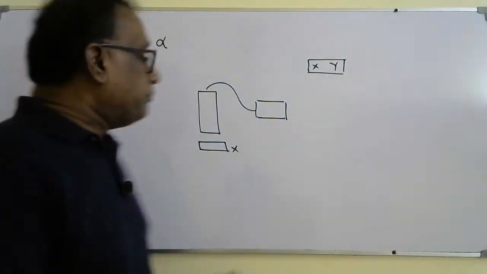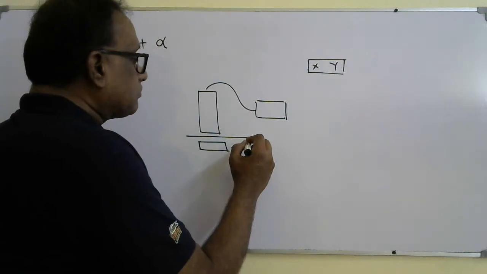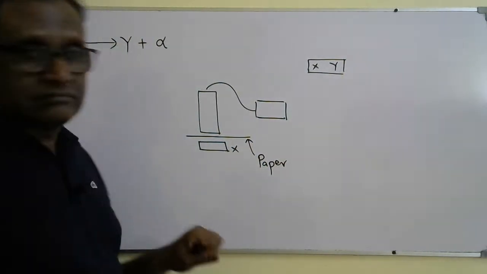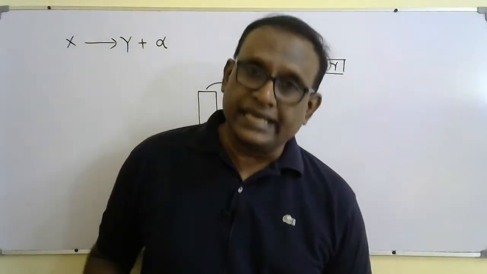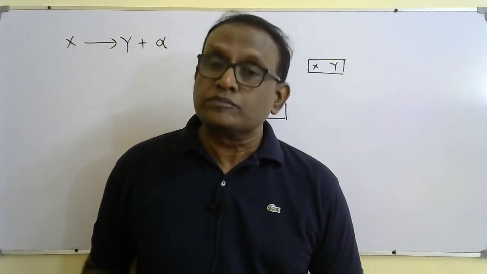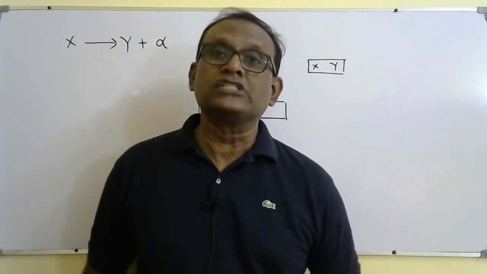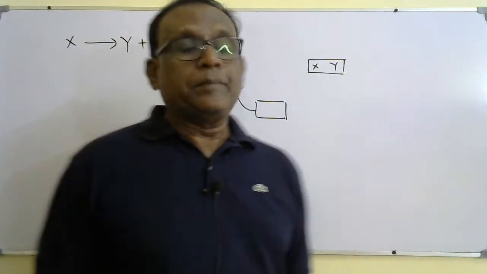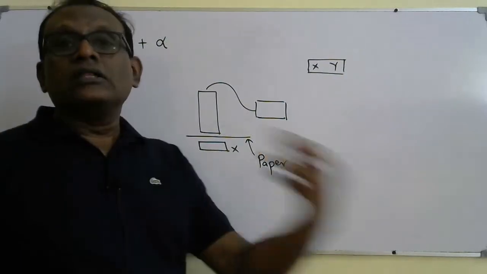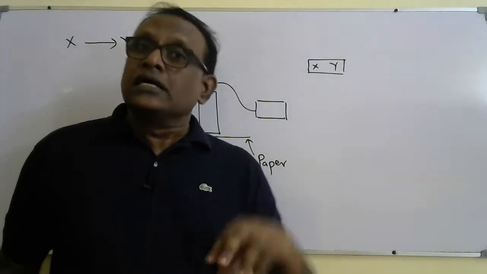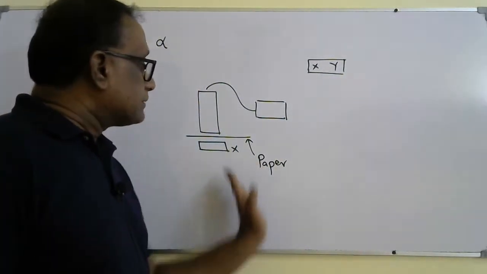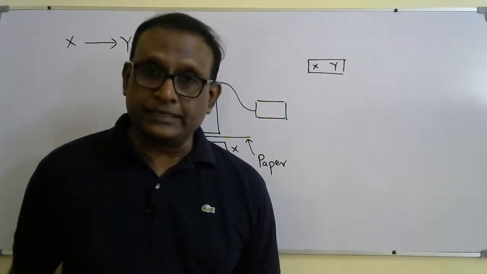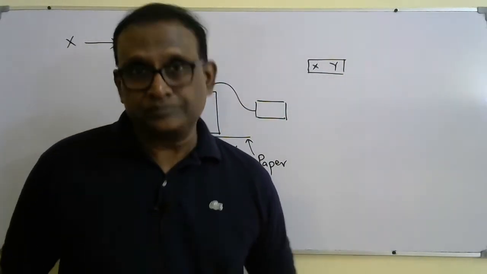Then keep a thin sheet of paper and measure the count rate again. If the count rate drops to the background count rate, that phrase should be there, it means the paper is blocking all the particles. That means no particle is passing through the paper, which means the given sample is emitting only alpha.